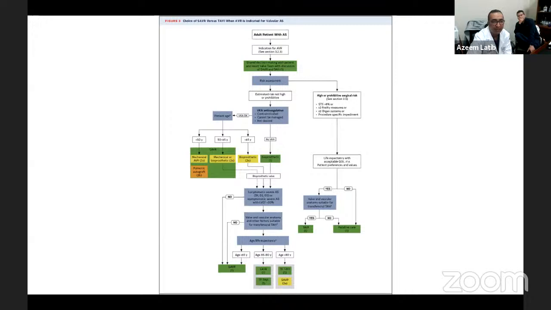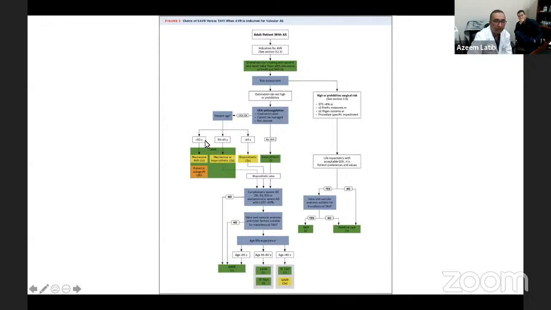In the patients who are not high risk, they break it down into a couple of questions, and the main one is related to patient age. This is the first time we've seen the guideline where the treatment of valvular heart disease is not based on surgical risk, but on age. They break it down into 4 groups.